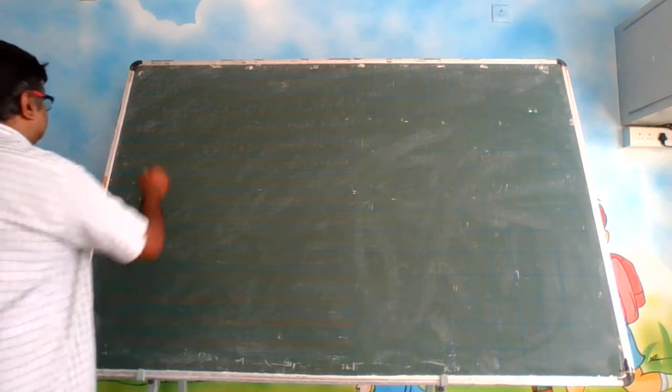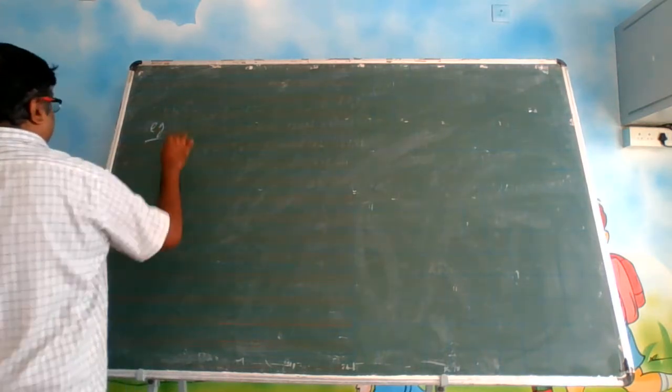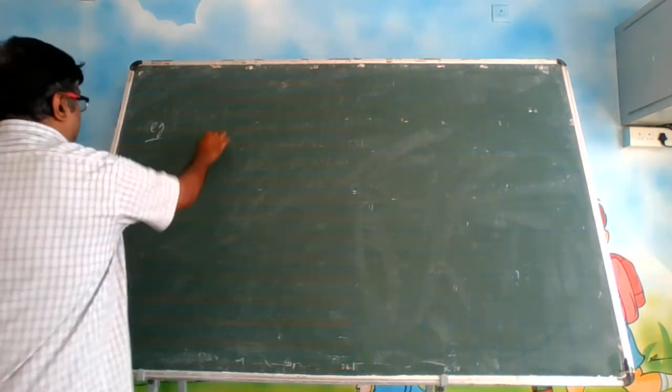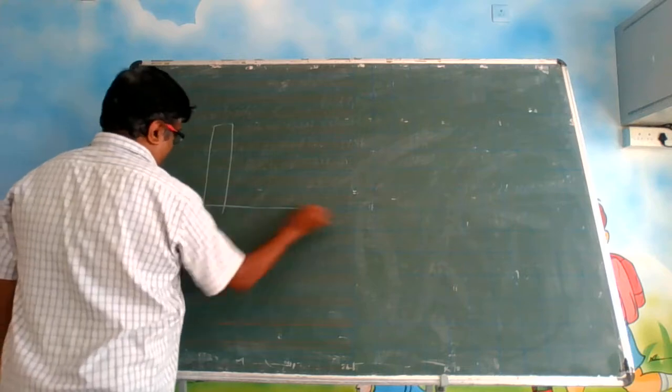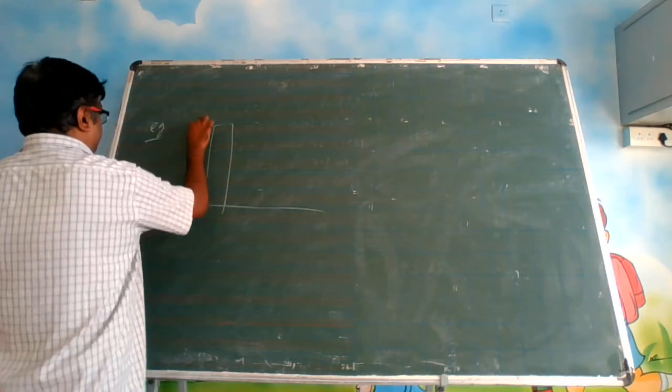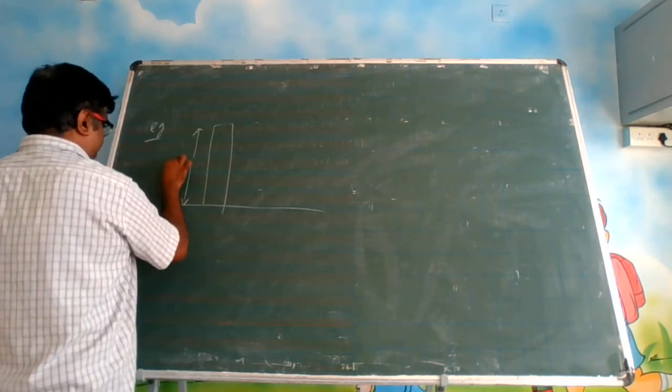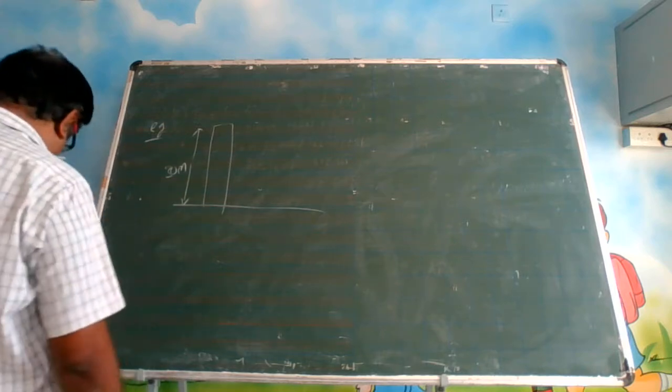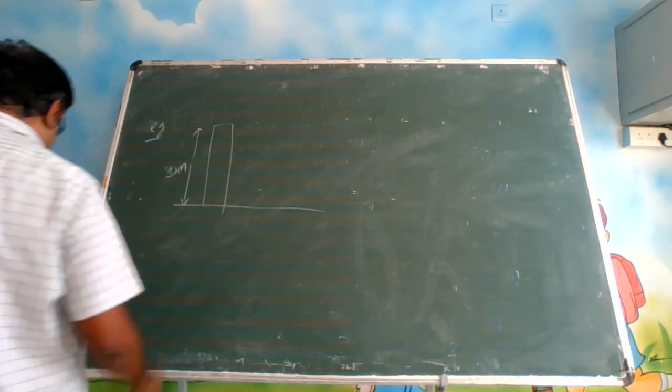Alright, let us move on to another illustration. A building height is given. The building height is 30 meters. Alright, and there are two masses.